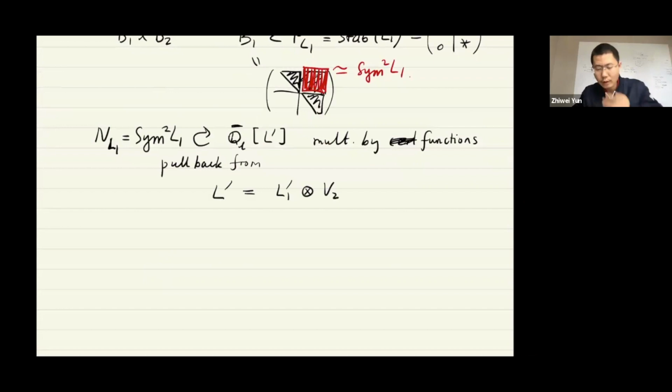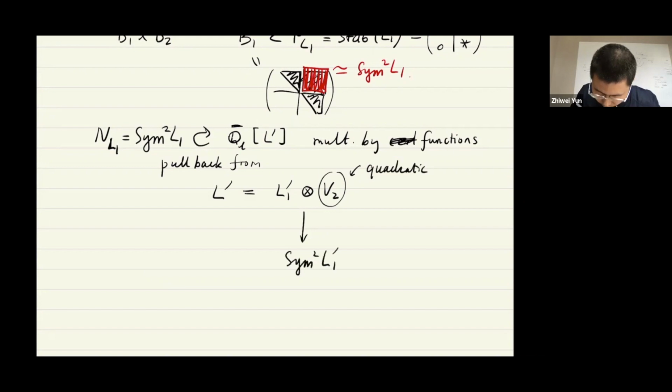So L prime is a tensor product. And remember, V2 is a quadratic space, it carries a quadratic form. Let's apply the quadratic form to the V2 factor. That gives a map to Sym square of V1 prime. Okay, so this is called the moment map.